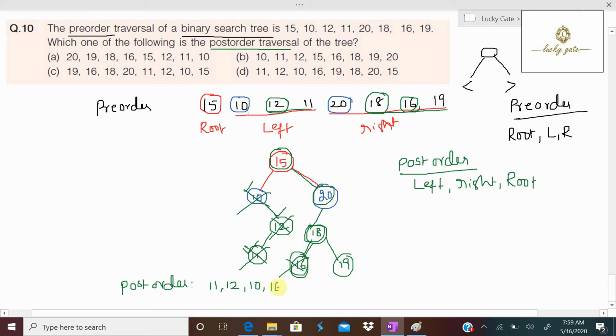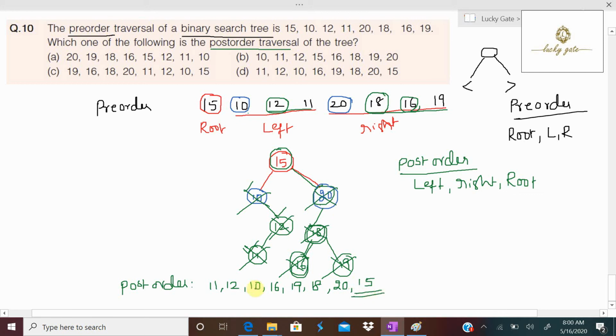Now the next key value will be 16, up, left is over, move right, its left and right are not there, so visit this node 19, move up, its left and right are over, now next visit this 18 and move up, its left already over, right not there, so visit this node, we call 20 in the order. Now move up, its left and right are over, finally we have to visit 15.